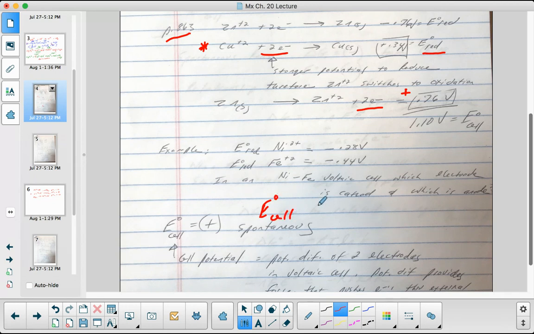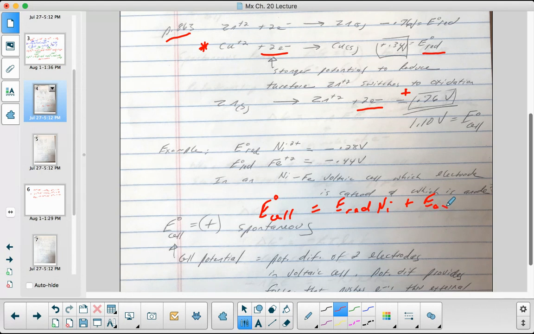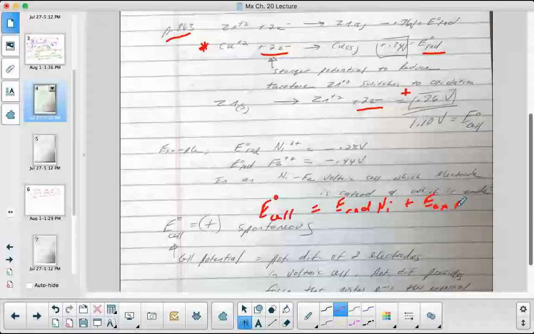The two half reactions are half of the cell, and then the full cell is going to be equal to the E red of the nickel plus the E ox of the iron.